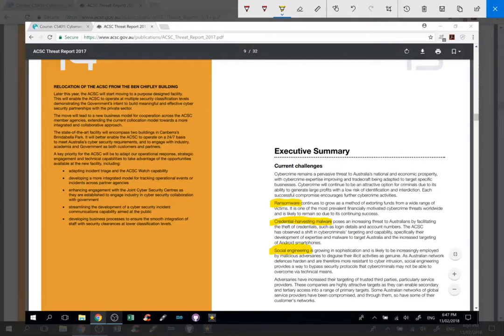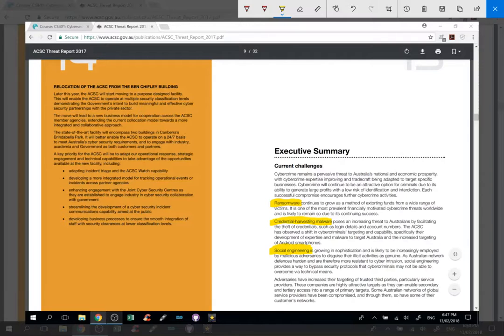This is becoming increasingly sophisticated. We're seeing it with email phishing scams, phone calls, websites, and malicious attacks in a variety of different places now. But these three, ransomware, credential harvesting malware, and social engineering, are the three major current challenges that I pulled out of the ACSC 2017 report.